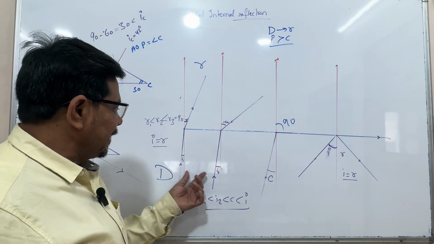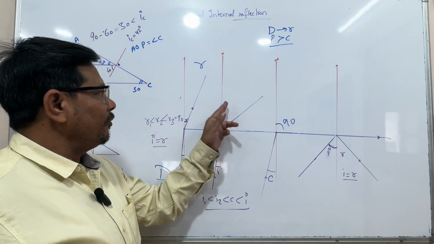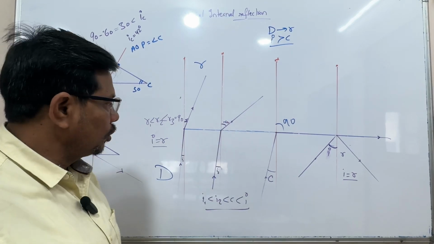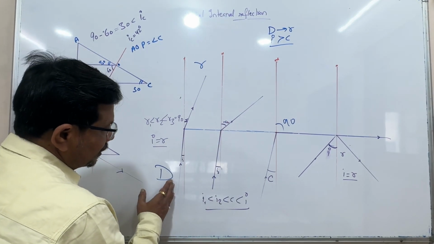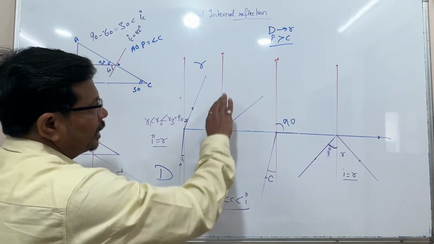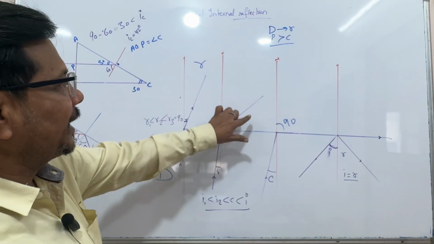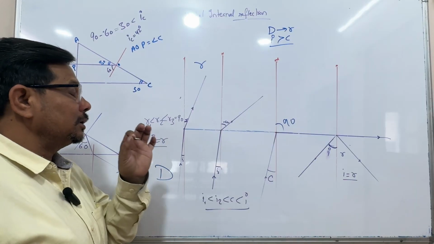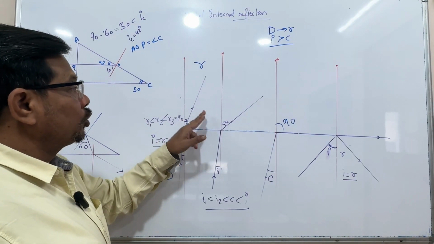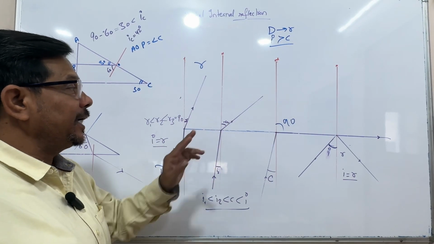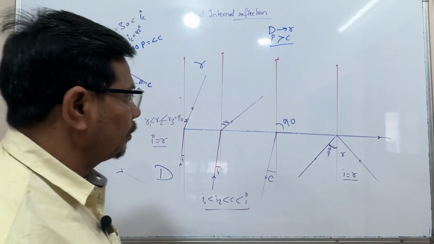Now, when we increase the angle of incidence, the angle of refraction will increase because the velocity of light increases. You must keep in mind that the arrow should be there, otherwise it will be wrong.